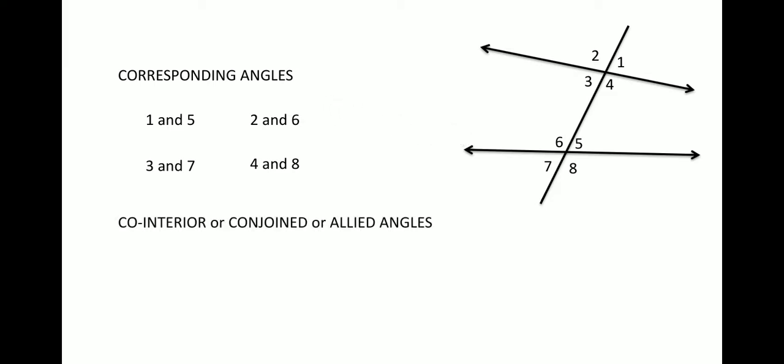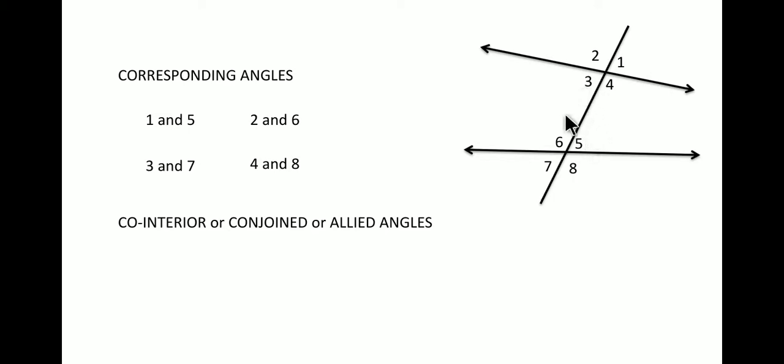Next type is called co-interior angles or conjoint angles or allied angles. So these angles are basically the interior angles, and these interior angles are not the alternate ones. If you take interior alternate, then this 3 from this side and 5 from the other side is taken.